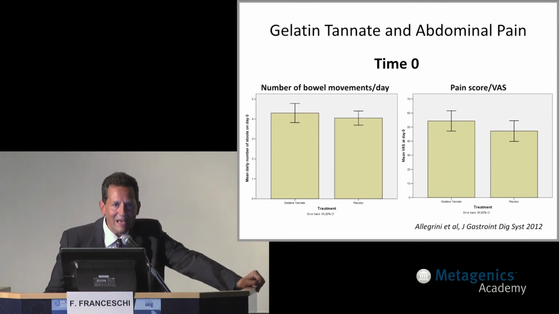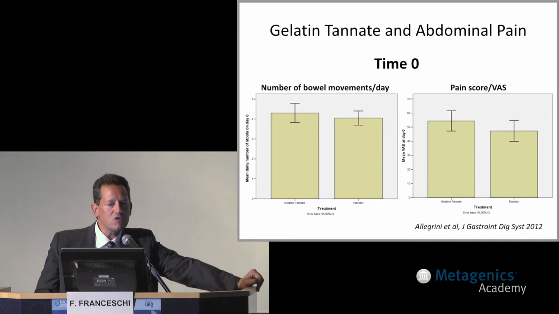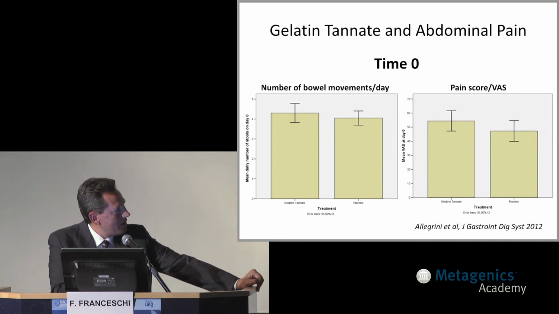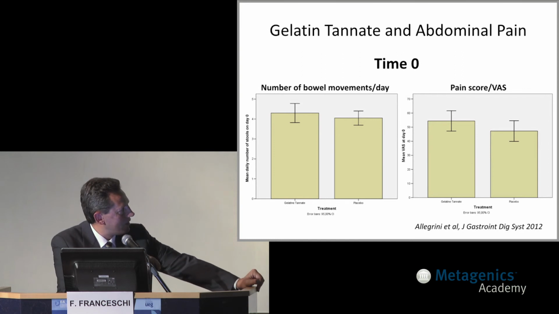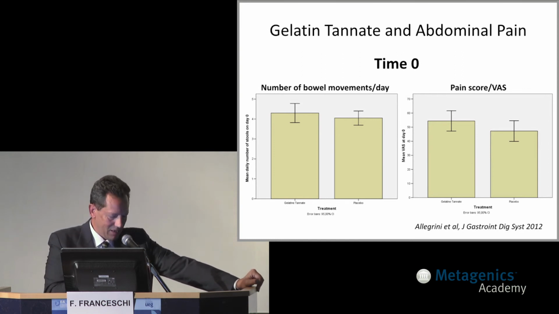And this is a study on acute gastroenteritis and abdominal pain in patients treated with gelatin tannate. As you can see here, this is the number of bowel movements per day, and this is the pain score. Of course, at time 1, after the administration, the patient had a very high number of bowel movements and pain.